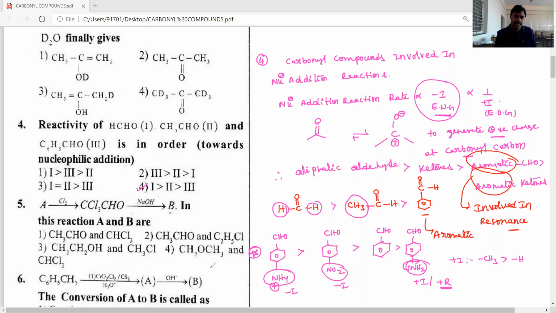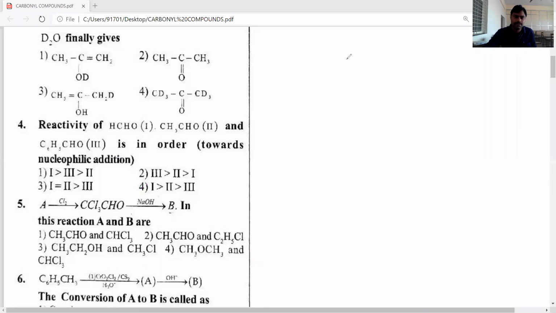Okay, students, let's see the fifth question. The fifth question is very easy. A is treated with chlorine to produce CCl3CHO, which on treatment with sodium hydroxide gives a product. What are A and B, they asked. Now it's very clear. CCl3 C double bond O H is treated with base.